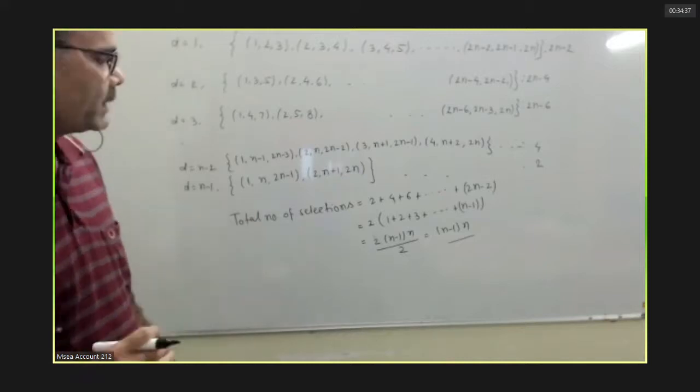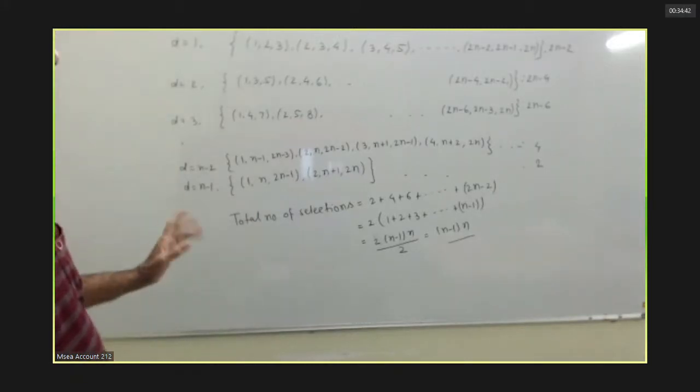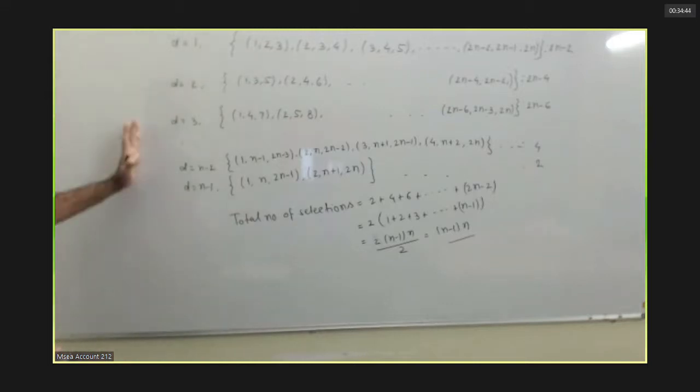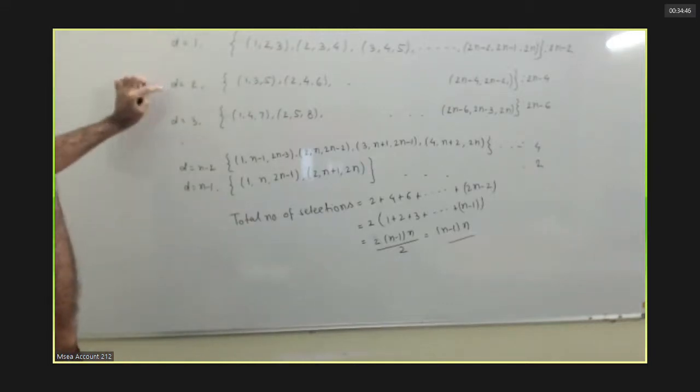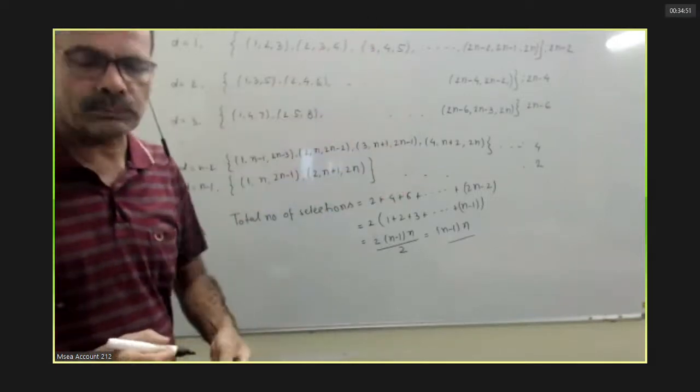These are the total number of ways we can select 3 tickets which are in AP. This is the fundamental method: taking common difference 1, 2, 3 up to at the most n minus 1, and adding all numbers of selections.